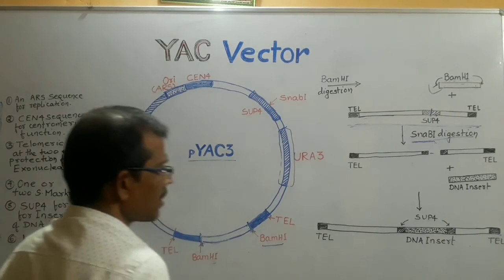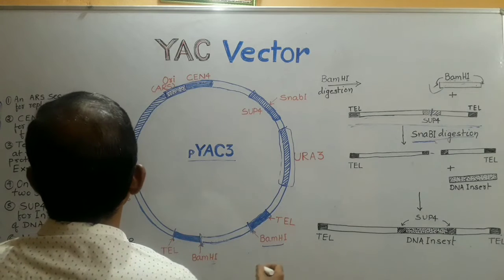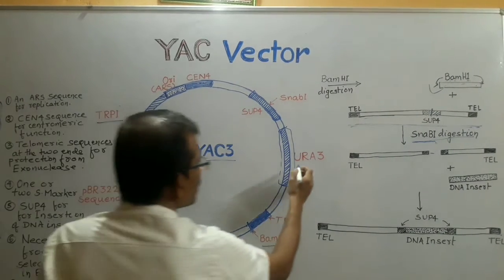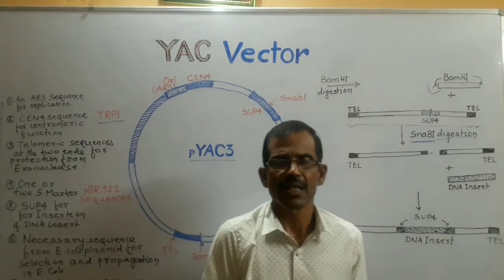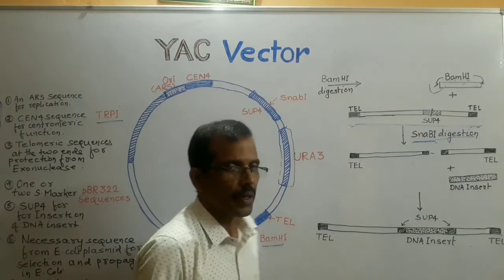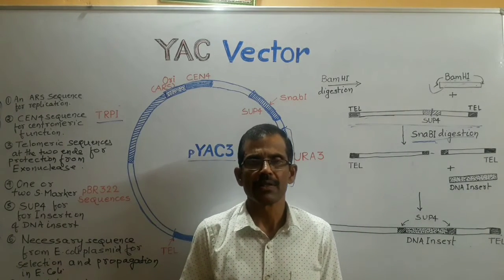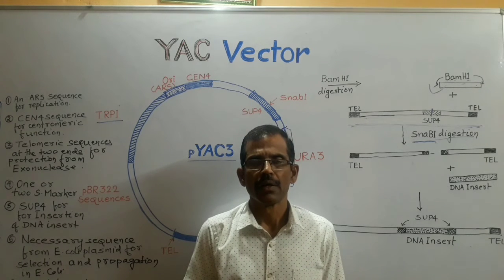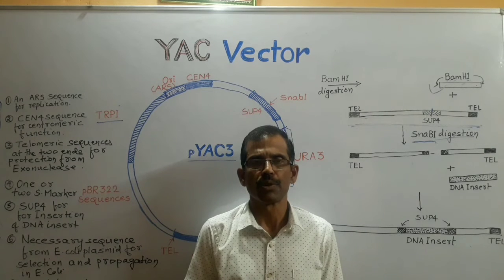After this, the recombinant PYSC3 vector is introduced into TRP1- and URA3- yeast cells by protoplast transformation. Yeast artificial chromosomes are a predominant vector system that is useful for cloning very large DNA segments of eukaryotic chromosome.